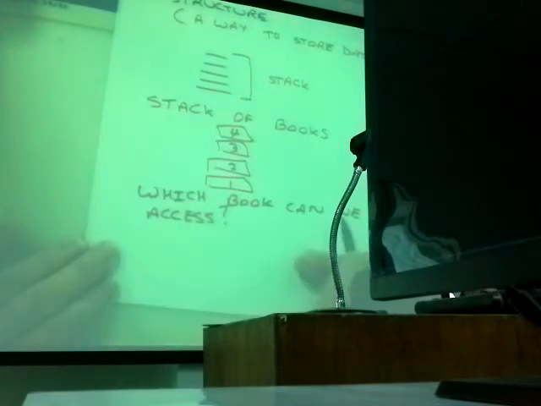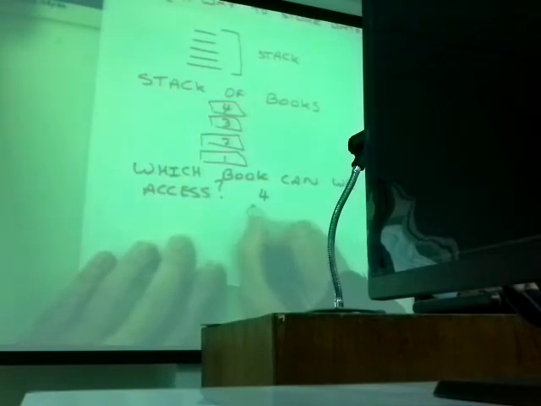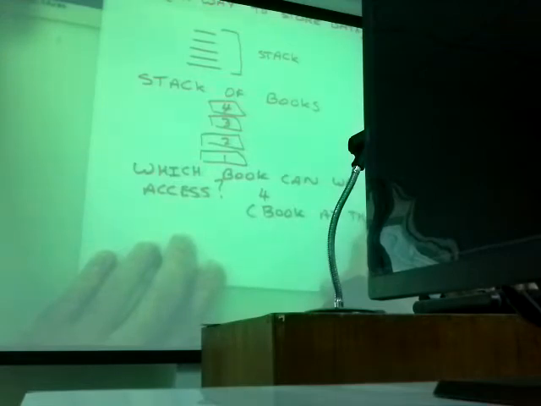So, which book can we access? The answer is book number 4. And importantly, book number 4 is the book at the top of the stack.